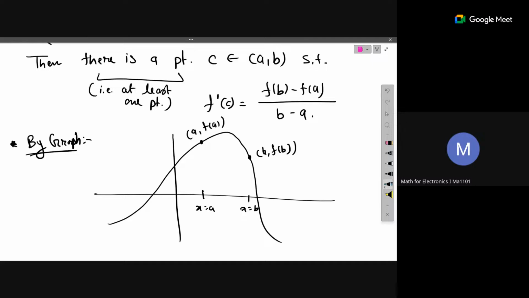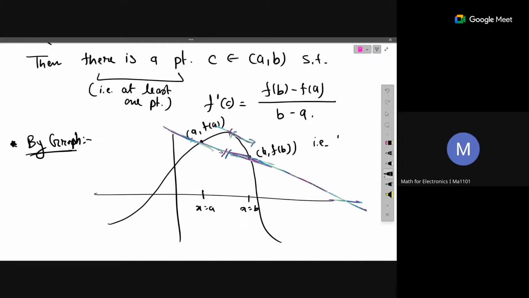So what do I mean by that? If you draw one line here, this line is known to be a secant line, the line passing through these 2 points. Then whatever slope this line will have, you will get 1 point. Over that point, if you draw a tangent, then the slope of that particular tangent will be the same as this one. That's the graphical meaning of the mean value theorem.